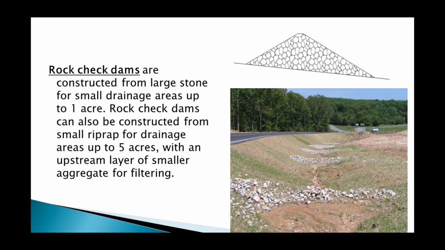They're commonly used in drainage ditches. You see them on highway projects. The photo on the bottom right shows a series of rock check dams installed across the drainage way that is catching sediment as the runoff goes downhill, and they appear to be working very well in this case.